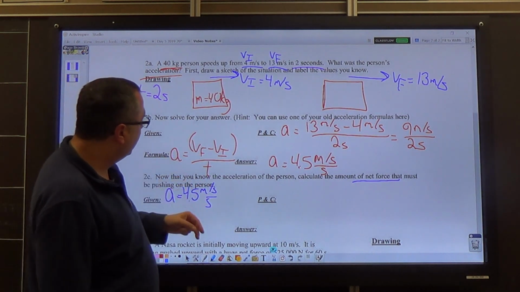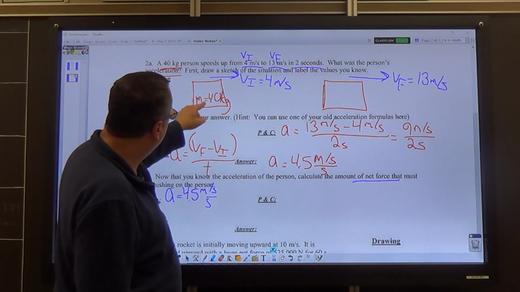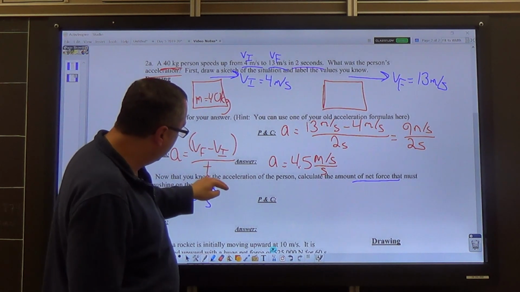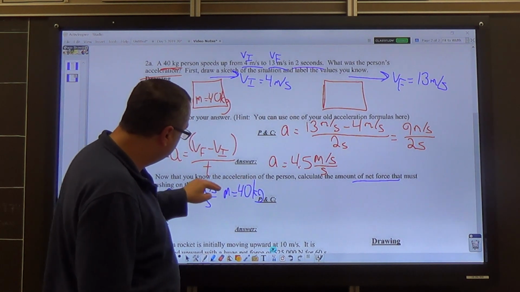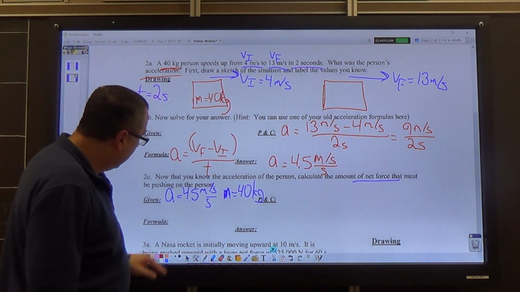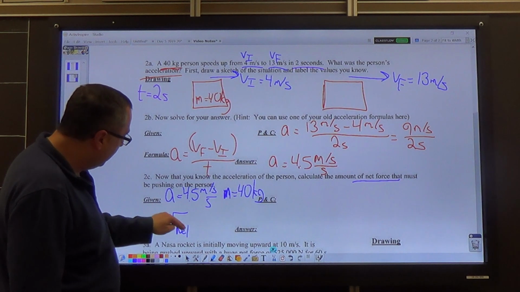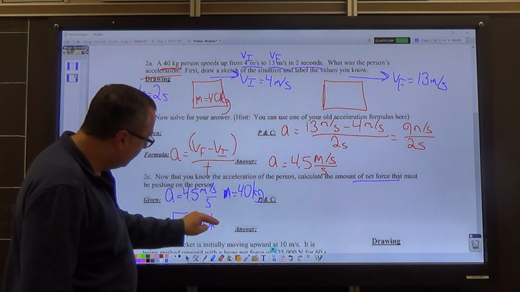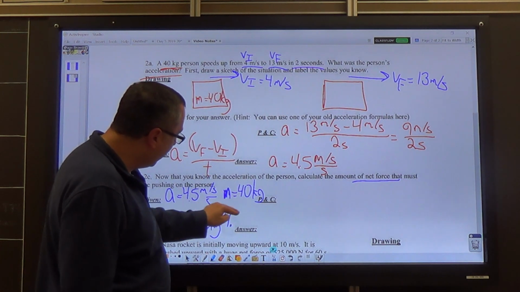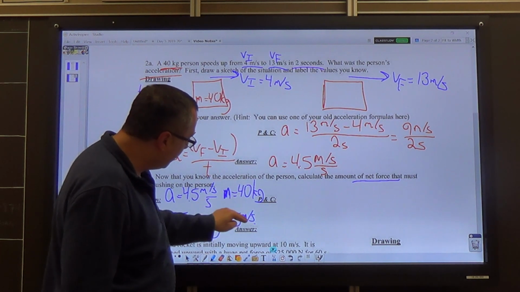We also have the object's mass, which right here we had drawn in our picture was 40 kilograms. And so we plug that into our formula. 40 kilograms times 4.5 meters per second.